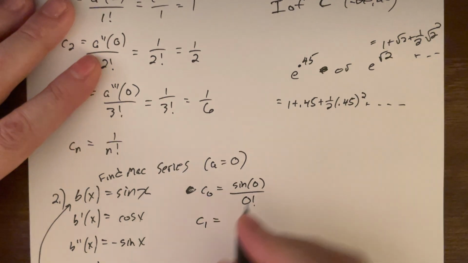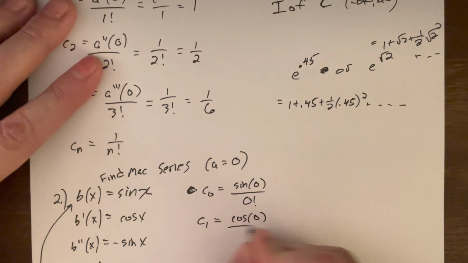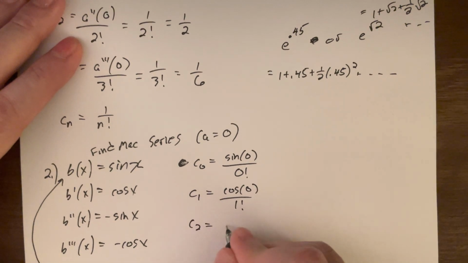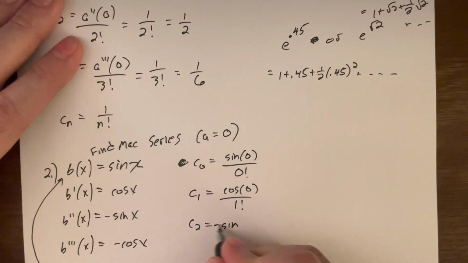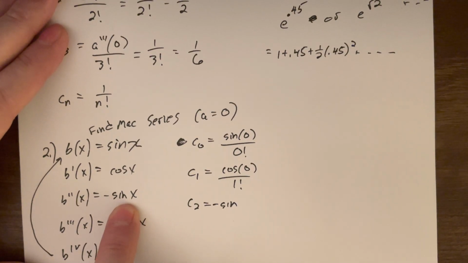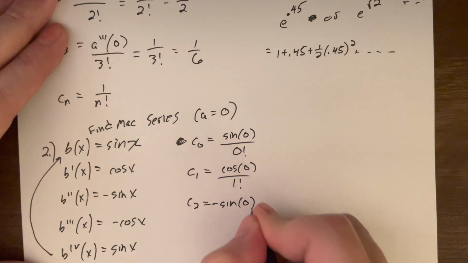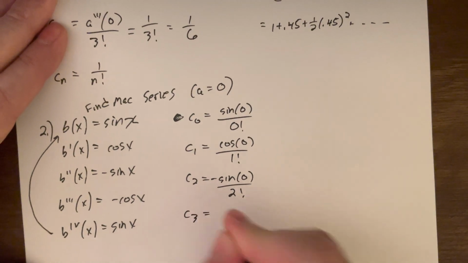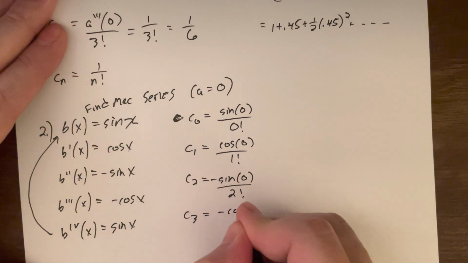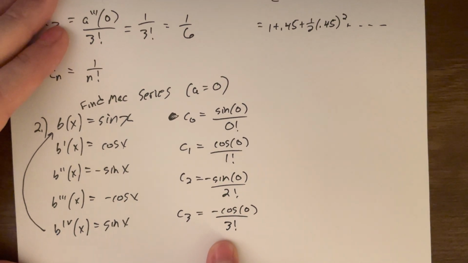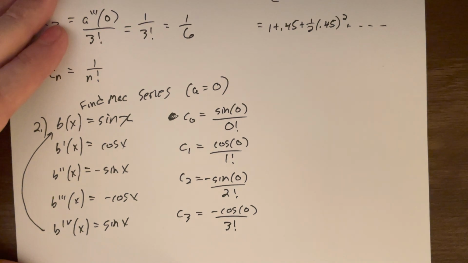Then c sub 1 will be the first derivative evaluated at 0 over 1 factorial. c sub 2, negative sine of 0 over 2 factorial. c sub 3, negative cosine of 0 over 3 factorial. Now I could keep going, but watch what happens here.